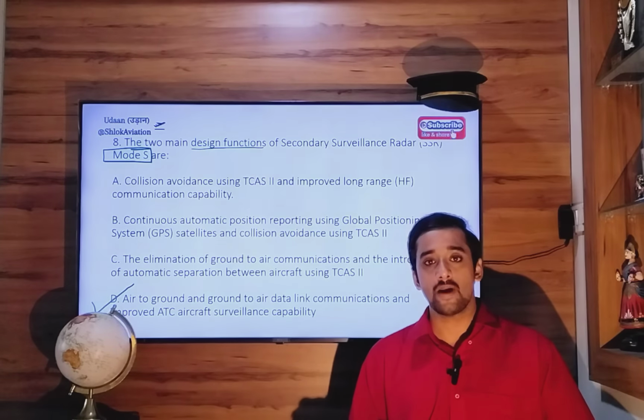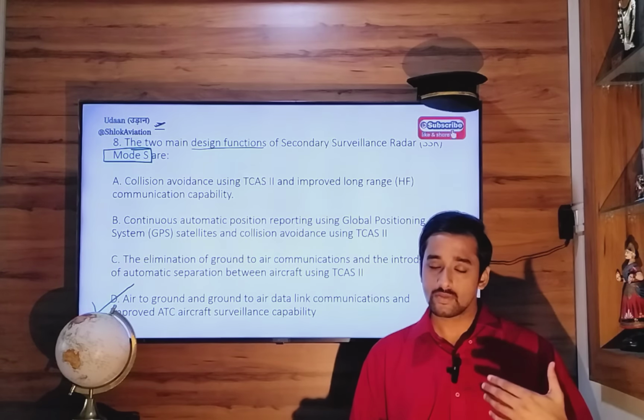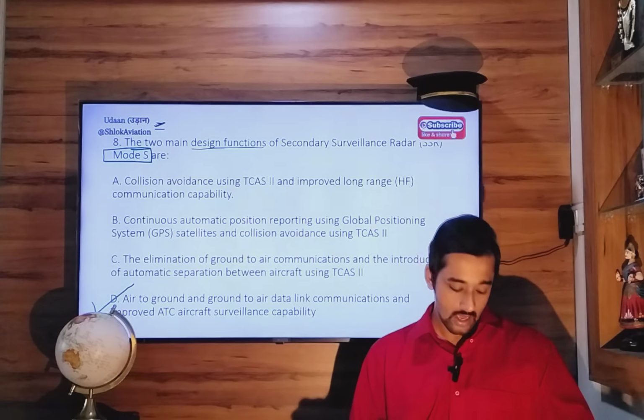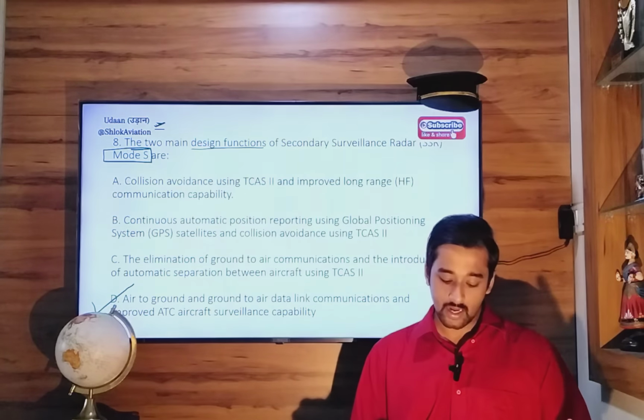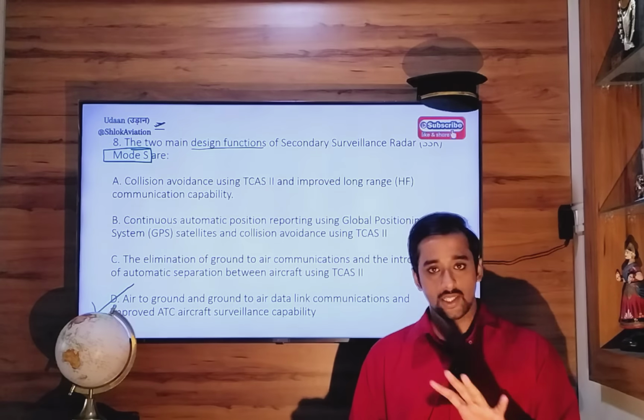So this relieves the pilot of any kind of workload. It relieves ATC workload also. It establishes efficiency and facilitation happens. So that's why air-to-ground and ground-to-air data link communications can happen automatically, system to system.